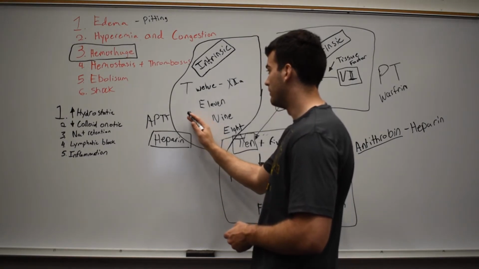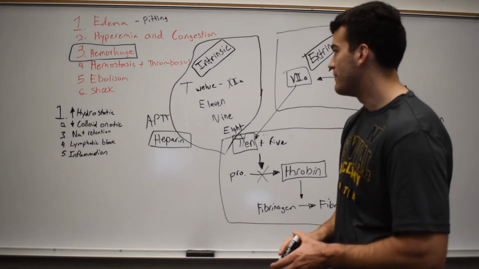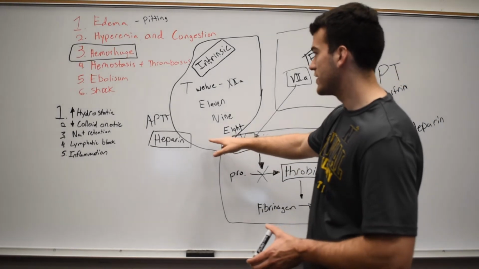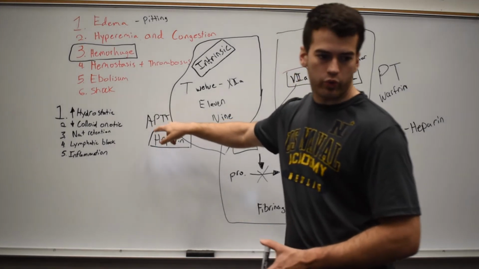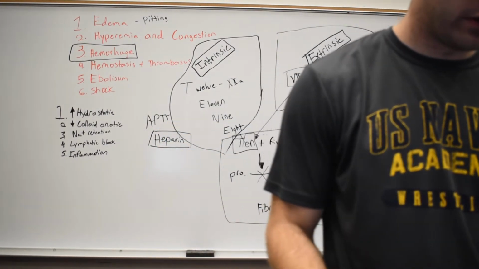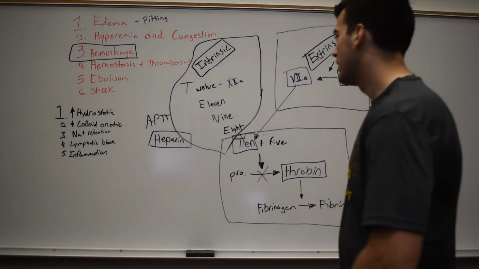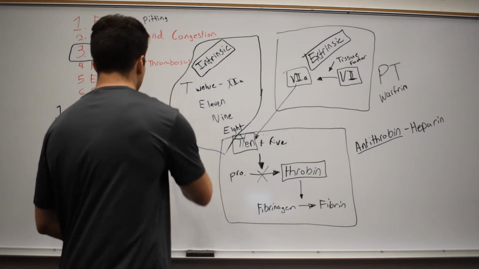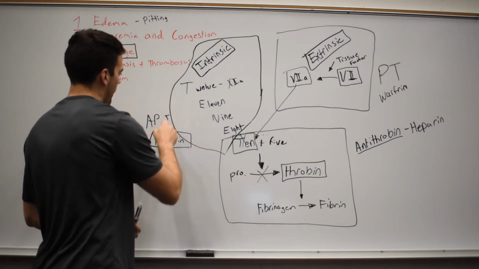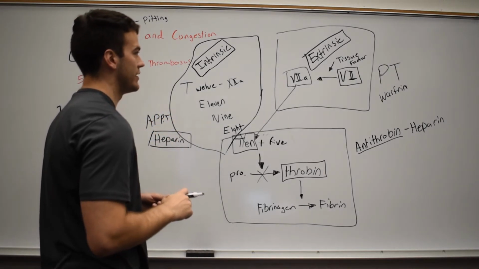Okay. So the test that tests this intrinsic pathway to clot formation is called the activated partial prothrombin time, or APPT.